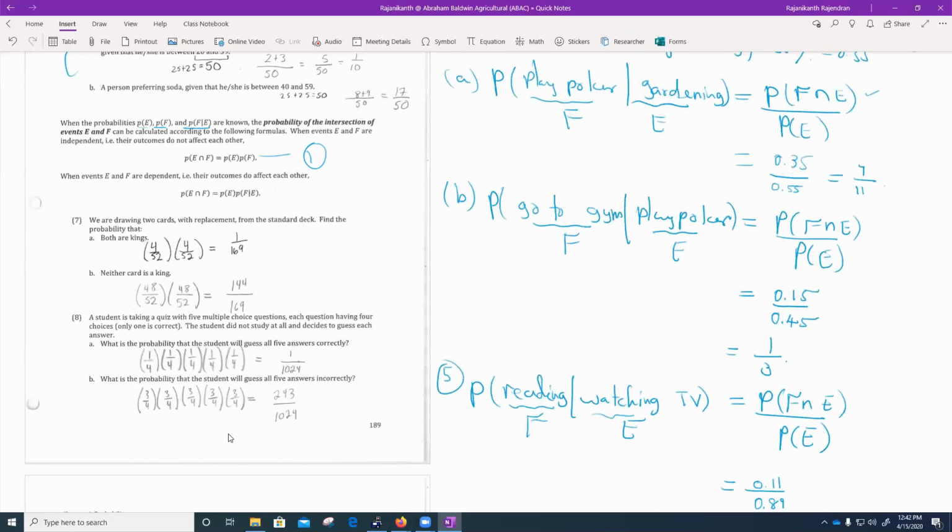You see, I have two formulas here. The first one is finding the probability of E intersection F, but this formula is valid if E and F are independent events.